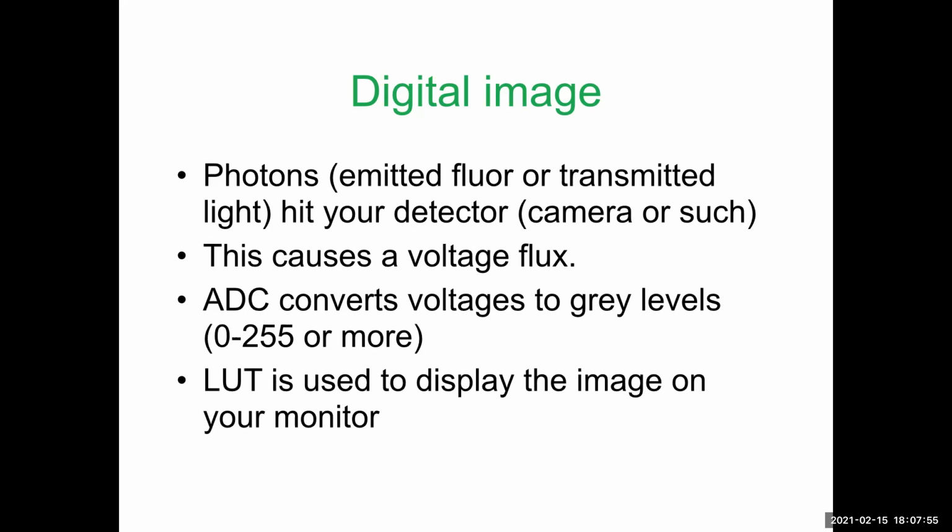And that camera has this chip, as I said. What happens on the chip is there's a voltage flux. So electrons are now involved, basically. And things get counted and assigned to gray levels. The same image will get assigned 0 to 255 gray levels if you have a really ancient cheap camera, or 0 to 4096 gray levels, to about 4000 gray levels if you have a better camera.